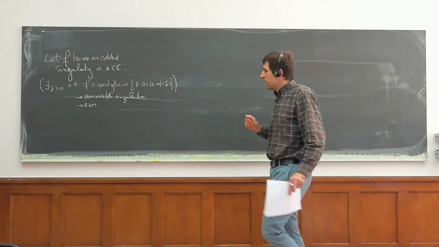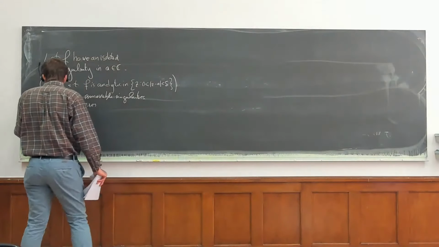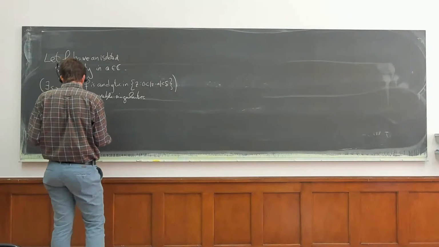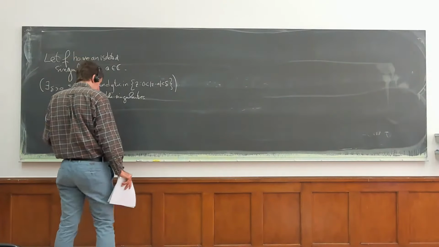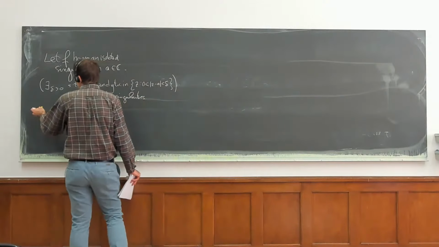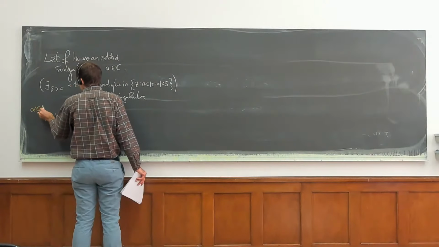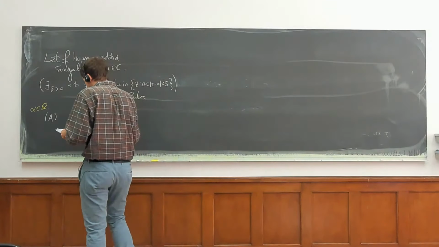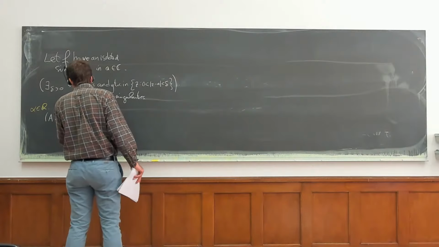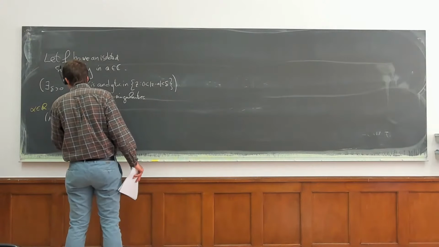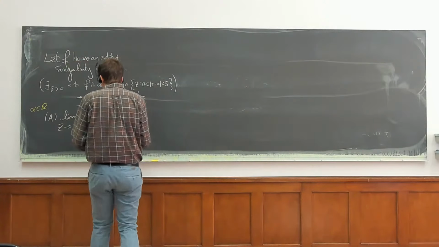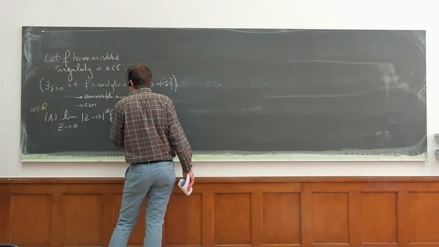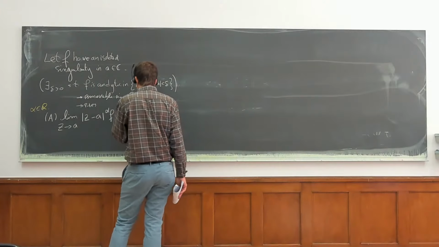For this, let's look at two properties. Let's say property A. Let's fix some alpha, or rather, think of alpha as just a real number. The property A is that the limit as z goes to A of (z minus A) to the alpha times f(z) is 0.